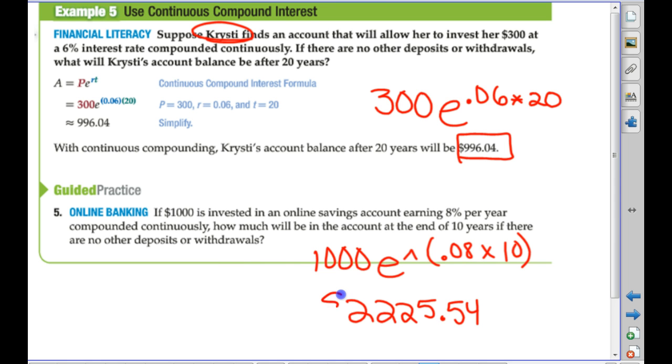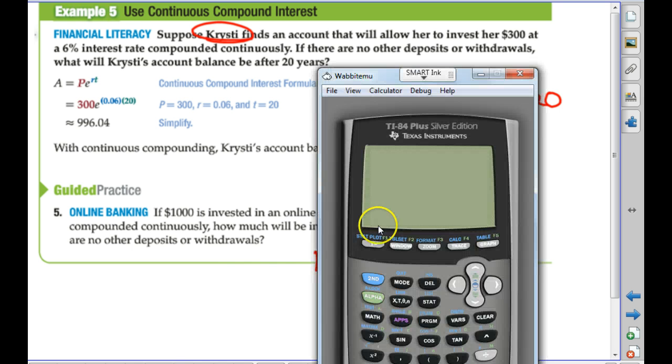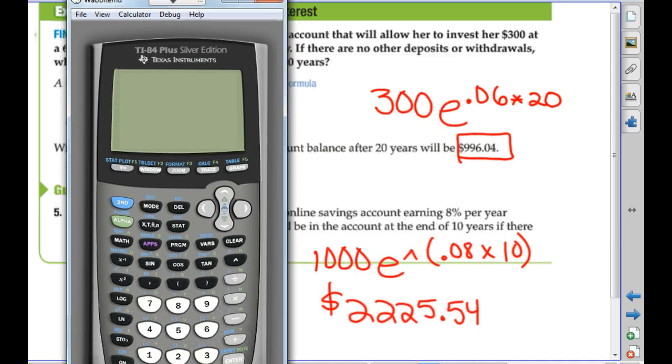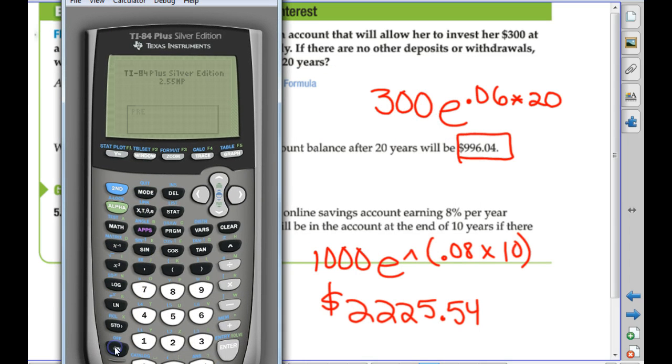Okay, I'm sorry, I should have pulled up the calculator here. The e key that I would use for that question is on the left-hand side of your calculator. This ln, I would do second ln, because when you do second ln, it brings up e to the power of, and if you're using an older calculator, it even brings up e to the power of with a parenthesis.